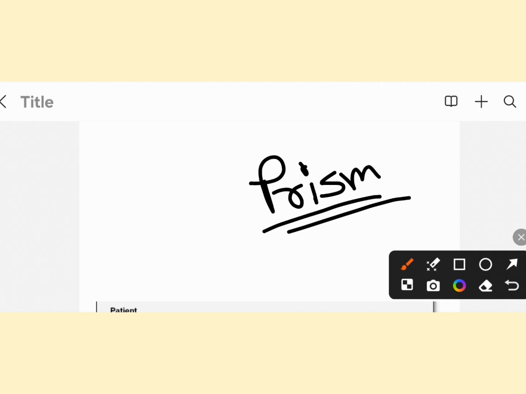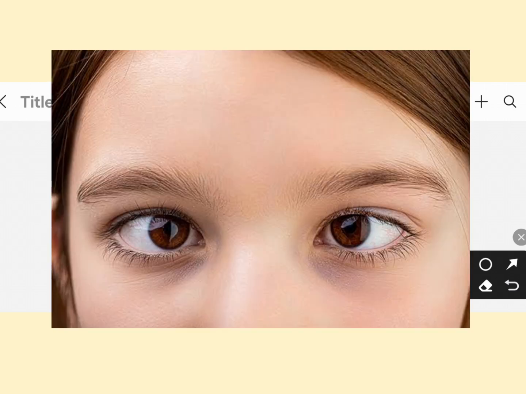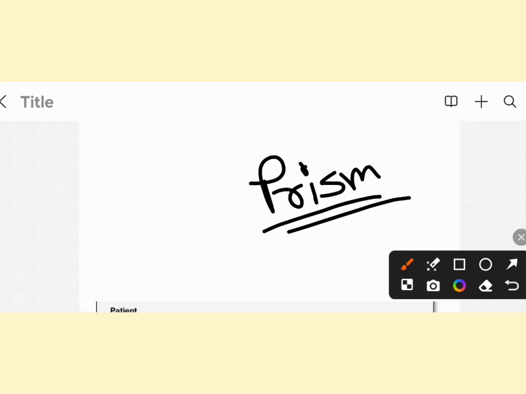And you don't want to go for surgery, so your eye specialist gives you prism power in your glasses. So if prism is written, you should understand you have a deviation of your eye and your eye specialist has given you prism power. It is not related to the refractive error, it is the alignment of the eye.